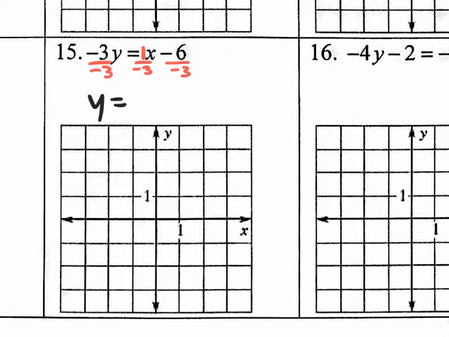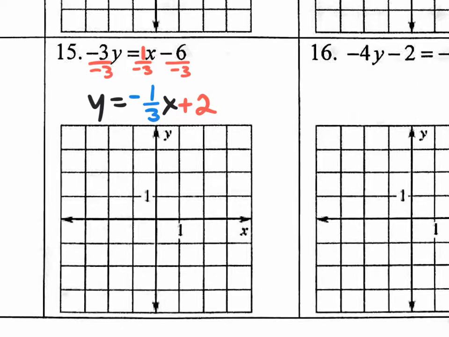You don't want the negative sign on the bottom, so let's put it up on top. -1/3 x, and then plus 2, because a -6 divided by a -3 is a positive 2. A negative divided by a negative is a positive. So there's your slope-intercept form equation.